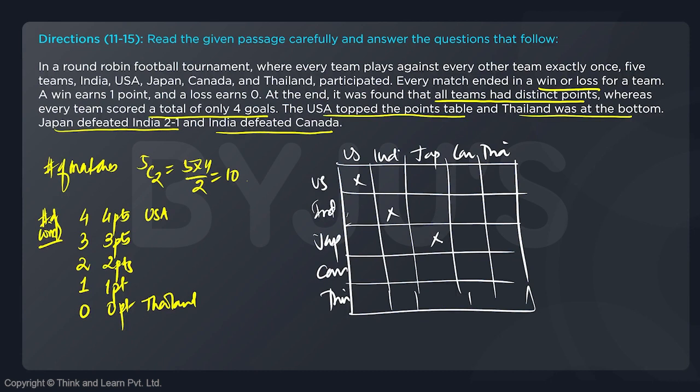And then we strike out the primary diagonal and remove the other cells in the upper triangle. So there are these 10 matches that are supposed to happen as the cells denote, and each cell tells us which team played against which team. Let's look at the questions and we'll proceed accordingly.